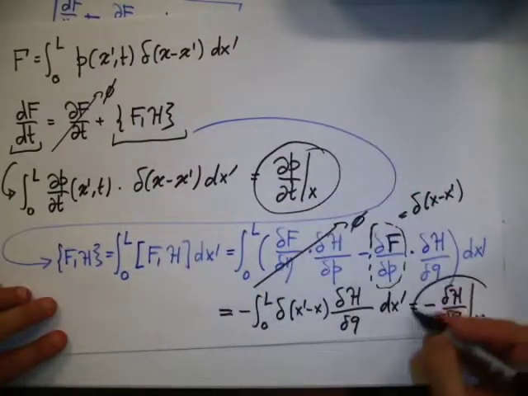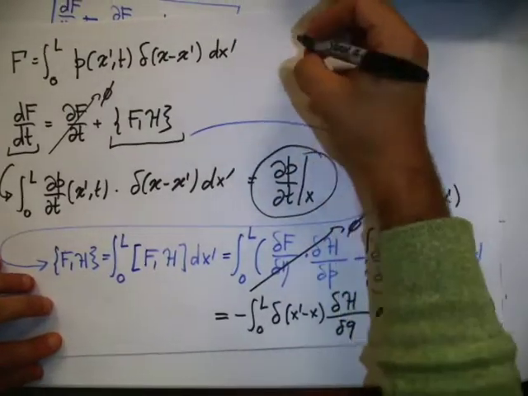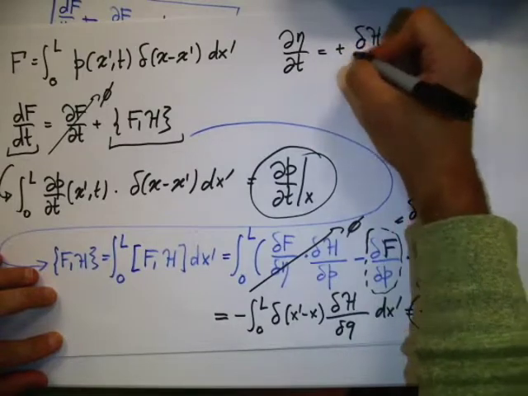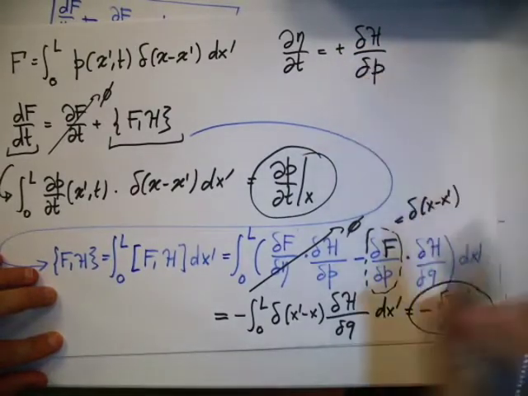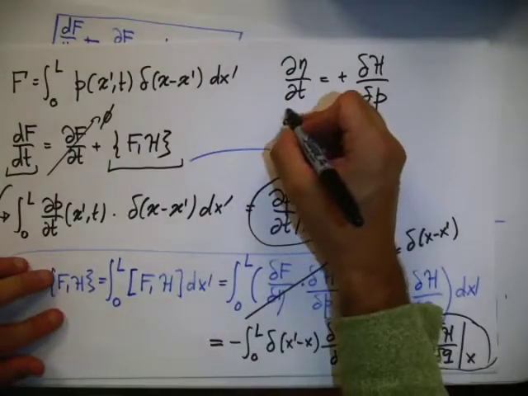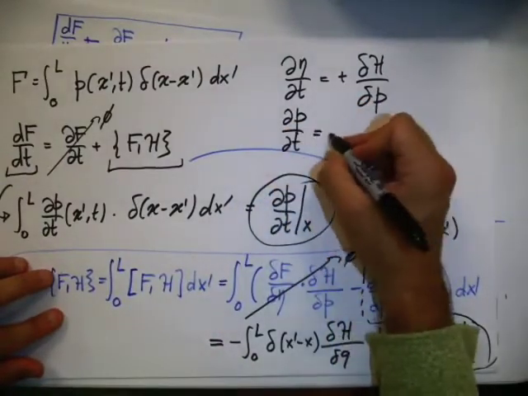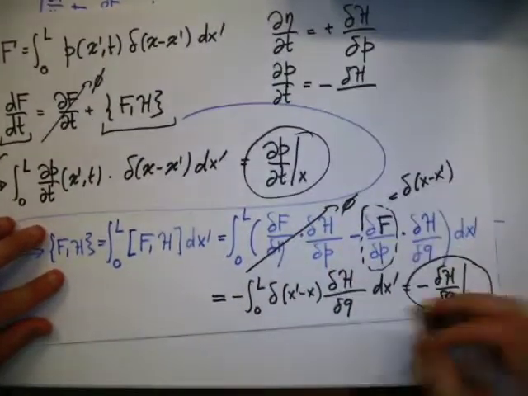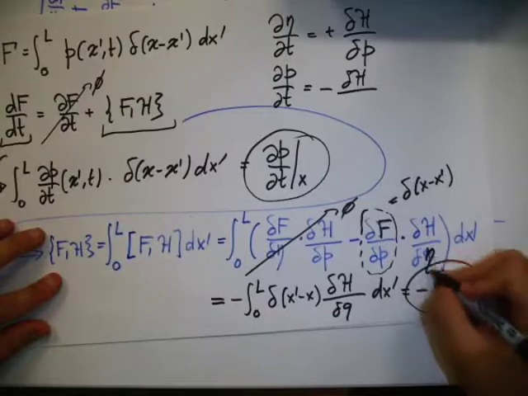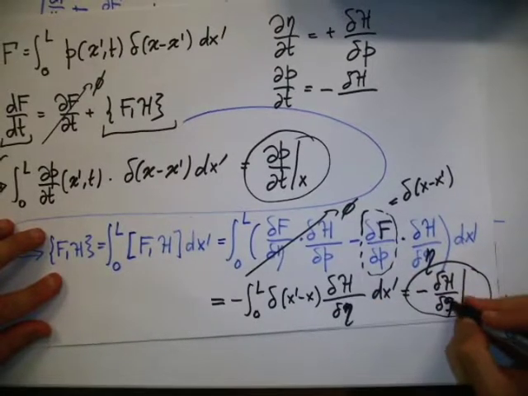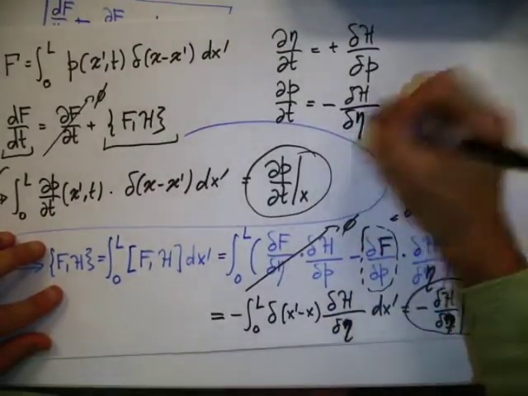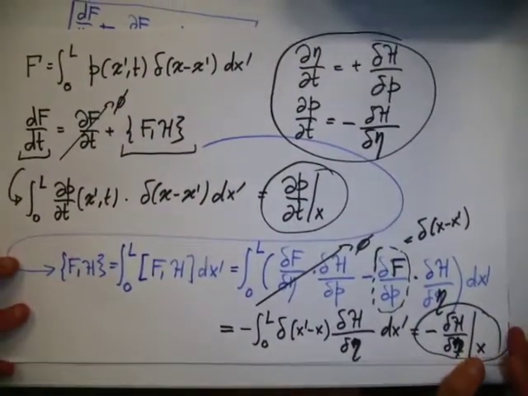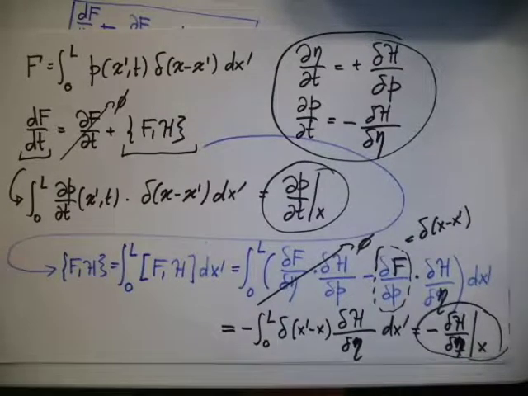So we got d eta dt equal plus the variational derivative of h with respect to p, and now we also got these other results, dp dt equal minus the partial of h with respect to eta. And that's our introduction to Hamiltonian systems. Thank you.